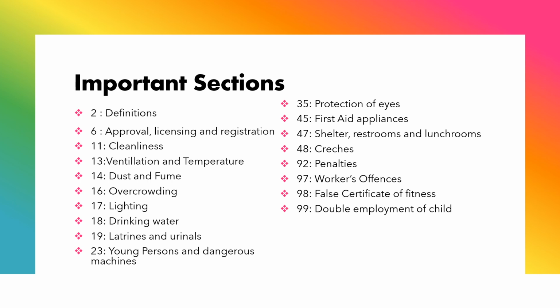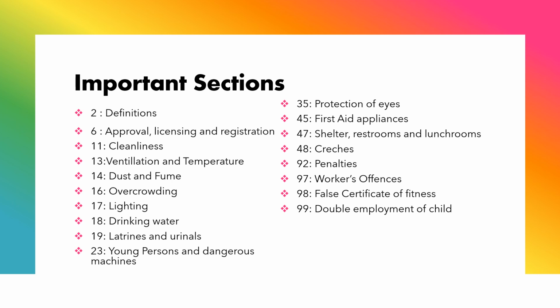Here, section 23, young persons and dangerous machines. Then under safety, we also discuss fencing around hazardous machines, how young adults are to be protected, and first aid appliances. Now section 35 discusses protection of eyes, section 45 first aid appliances, section 47 shelter, restrooms and lunchrooms for the workers.